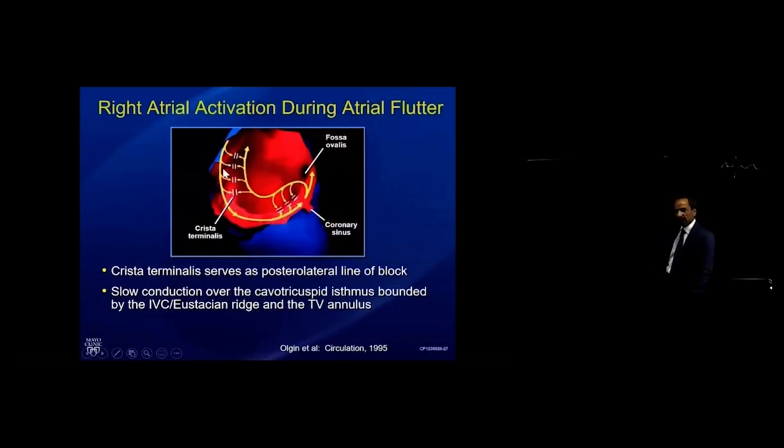Should also remember that cavotricuspid isthmus flutter is not the same as peritricuspid valve flutter. In other words, the posterior boundaries that keep a circuit near the tricuspid valve are not complete all along the tricuspid valve. So we may have a tricuspid isthmus dependent flutter, but parts of the circuit may be away from the tricuspid valve.